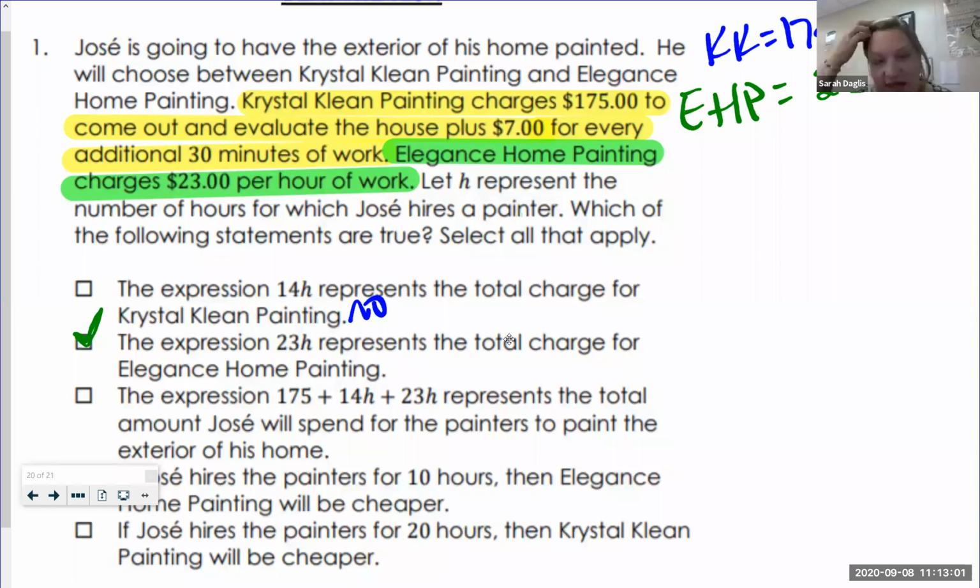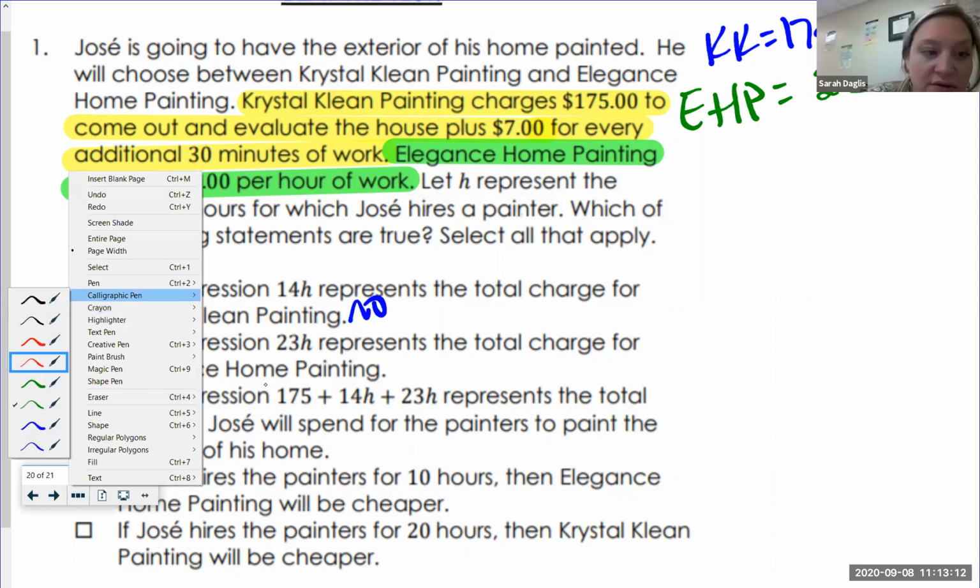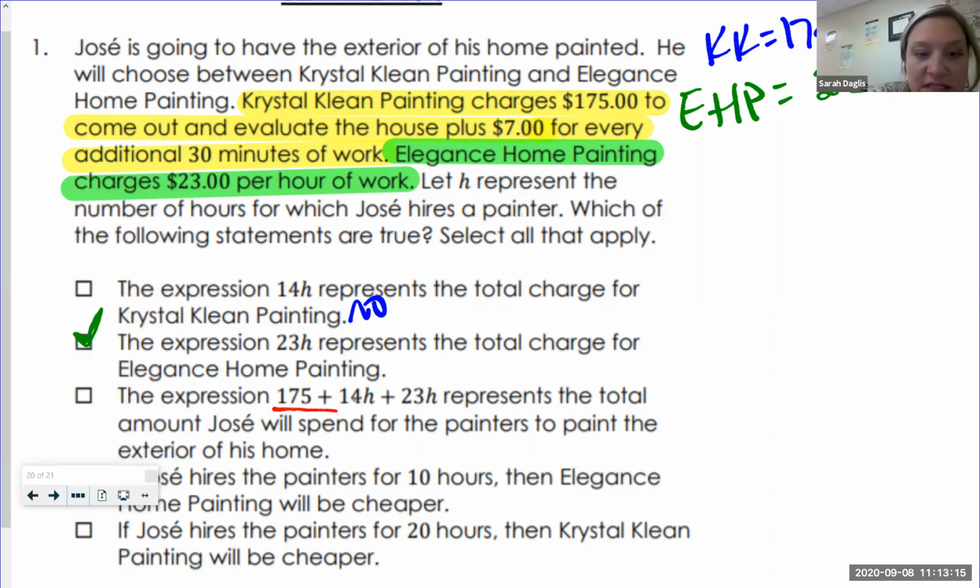Okay, so what they have done here is they've combined the two companies together. 175 plus 14H is the Crystal Clean Painting piece, and this piece is the Elegance. Well, he's not going to charge both companies to come out to do the same one job. That doesn't make sense. So we are not going to combine our expressions together. So that is not correct. We will not check that box.